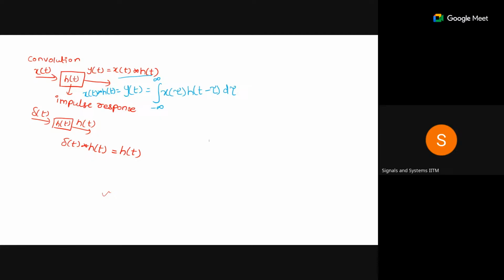In convolution, we have properties as well: it follows the commutative property, associative property, and distributive property. You can have a look into the properties of convolution.